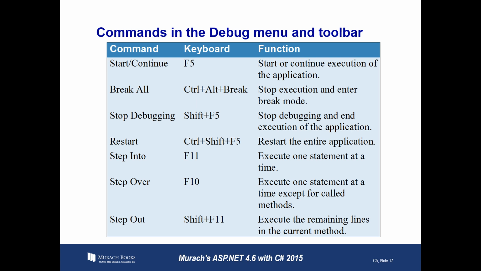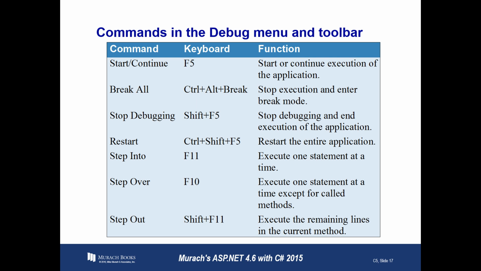If you want to force the system to enter break mode, you can do a Control-Alt-Break. If the program is debugging and you've figured out what your error is, and you want to stop debugging and get out of the application so you can fix your errors, you do a Shift F5.